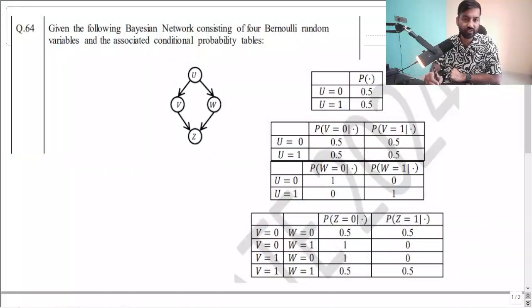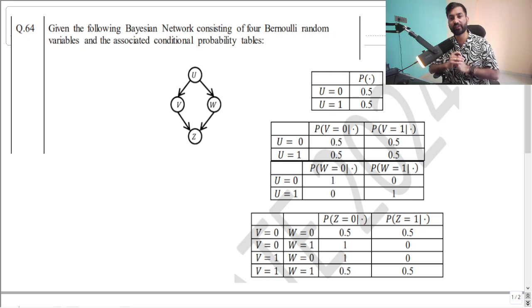So in this question, what was given, let us see here, and what they are asking. The question is in front of you. This was the question asked in GATE 2024 in Data Science and AI, and it was for 2 marks. So it's a very simple question. What they have asked here is: given the following Bayesian network consisting of Bernoulli random variables and associated conditional probability tables.